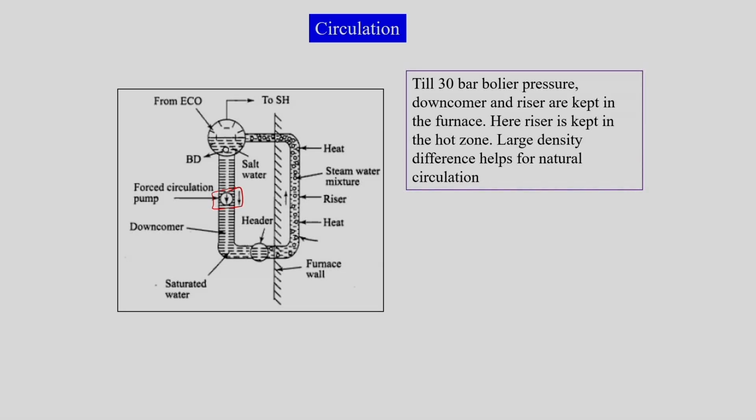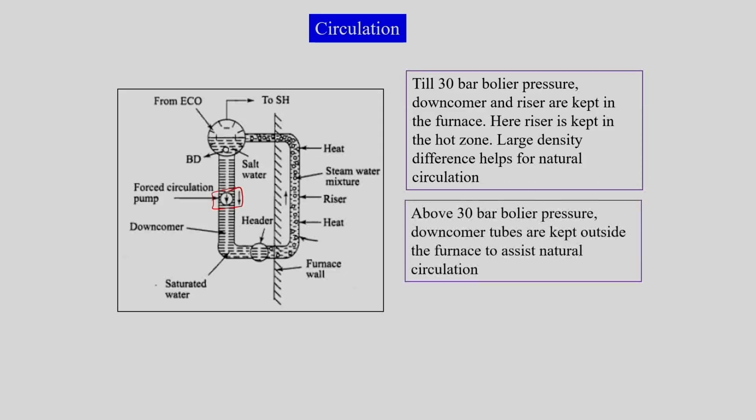Up to 30 bar there is no problem; we can have the downcomer and riser tubes inside the furnace, where downcomer tubes will be a little aside from the burner, but the riser tubes will be close to the hot zone. This would create the necessary density difference for natural circulation, since there is a large difference in density. So, we can go ahead without any pump assistance.